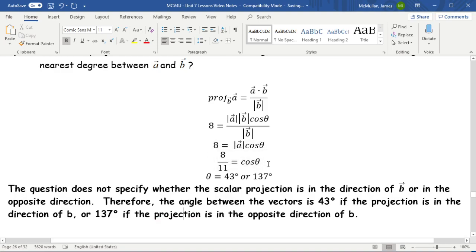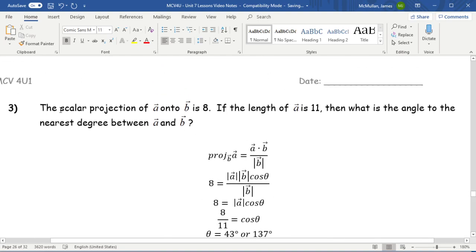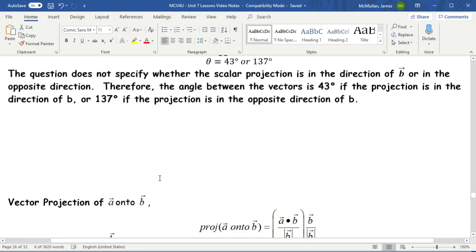I'm just being technical here, but if I'm going to tell you that you need to make sure you say the direction, then I expect, if it doesn't say the direction, we need to address that. So since it's not clear in the question which way it's pointing, we'll just give both answers.